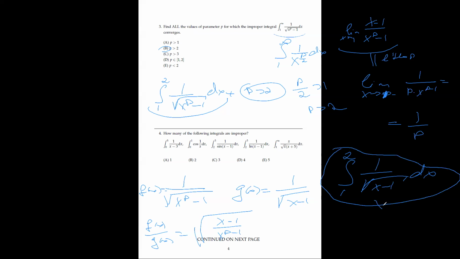If you hesitate, do the substitution x minus 1 equals t, and you will bring your integral to the integral from 0 to 1 of 1 over root of t.